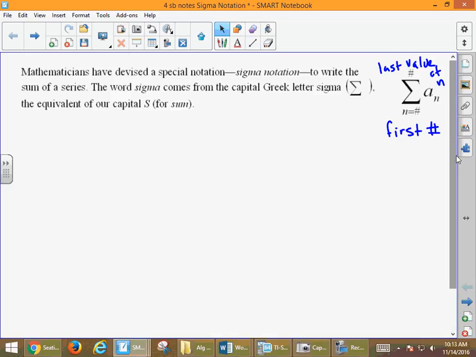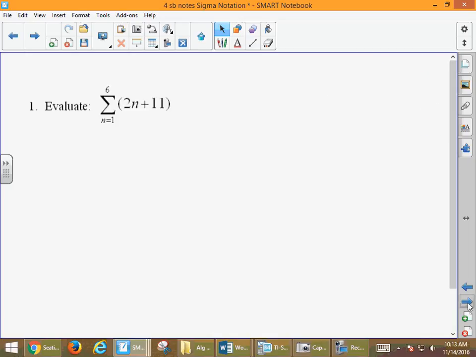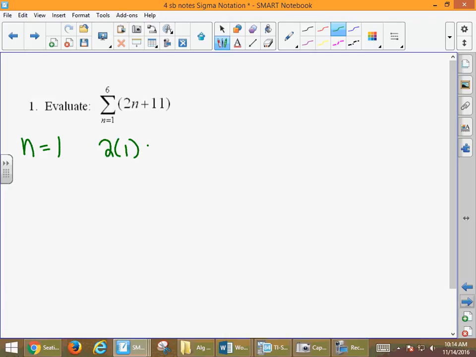And how it works is that we have here, evaluate the sum from n equals 1 to 6 of the function 2n plus 11. What we do is we say, well, the value of the function when n equals 1, we're going to put 1 back into our function, so this is 2 times 1 plus 11.